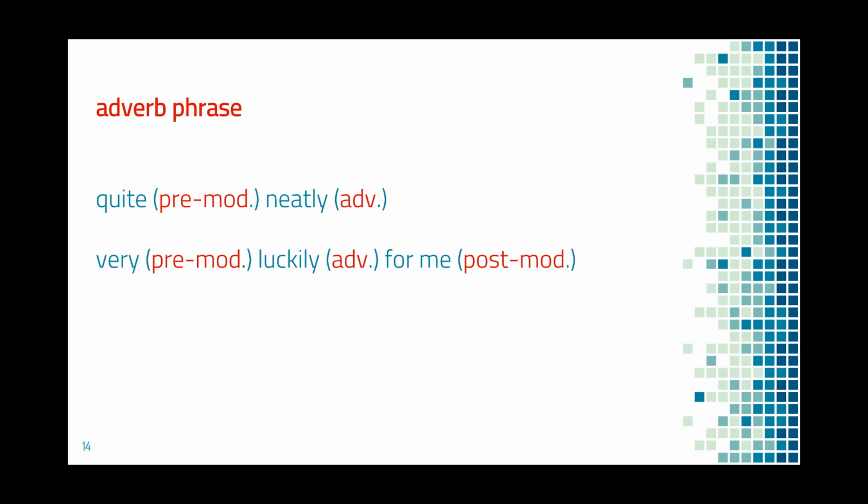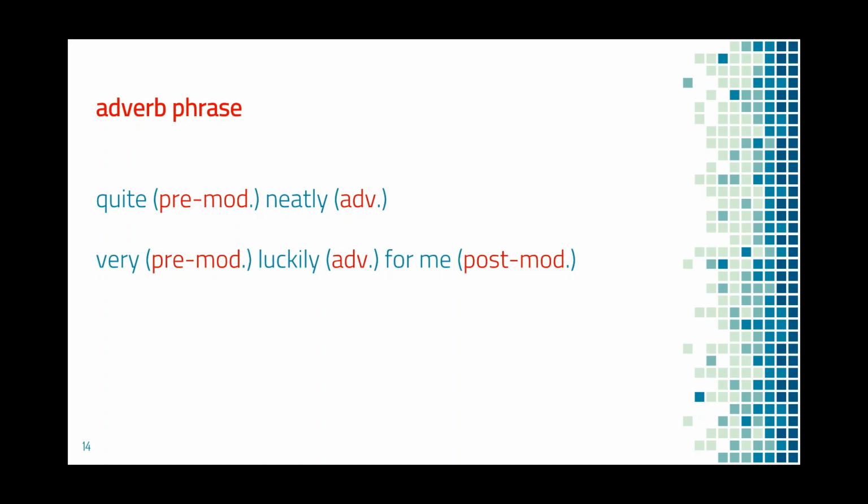Again, pay attention to the examples in front of you. Quite neatly. Now, quite neatly is an adverb phrase, but it is made up of 2 words. Quite is a pre-modifier, and neatly is the adverb.